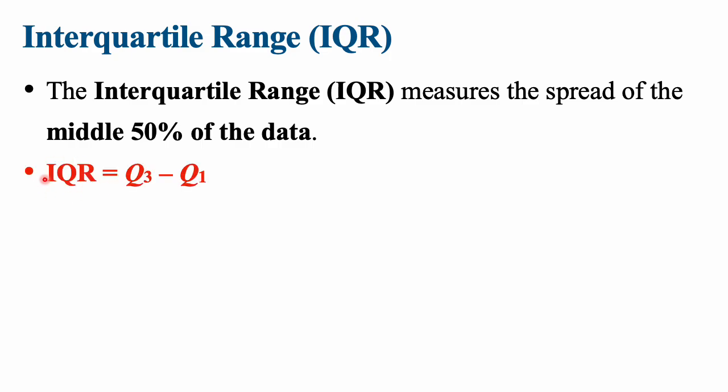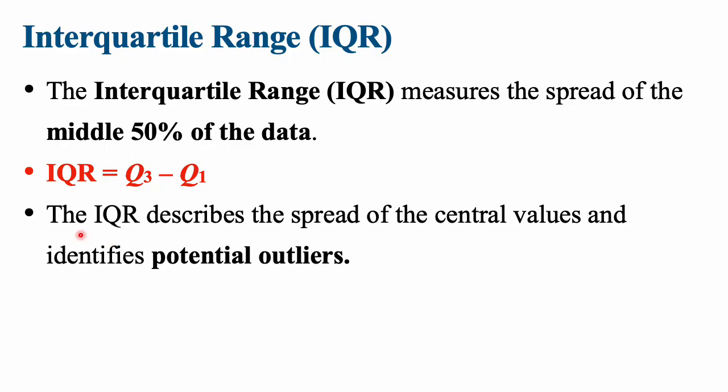So the IQR, the interquartile range, is going to be Q3 minus Q1. The IQR describes the spread of central values and identifies potential outliers. We're going to use the IQR to find the potential outliers.